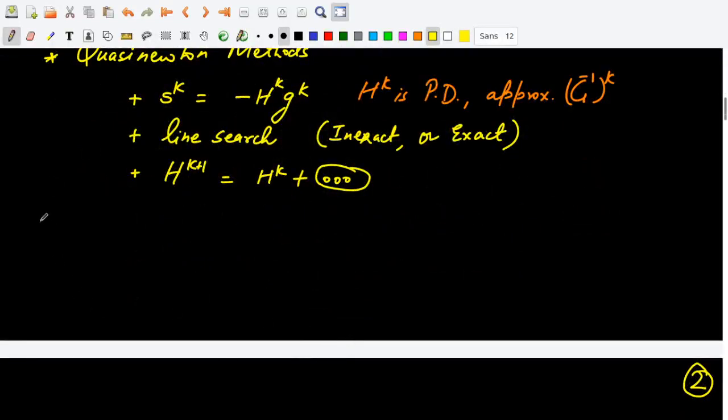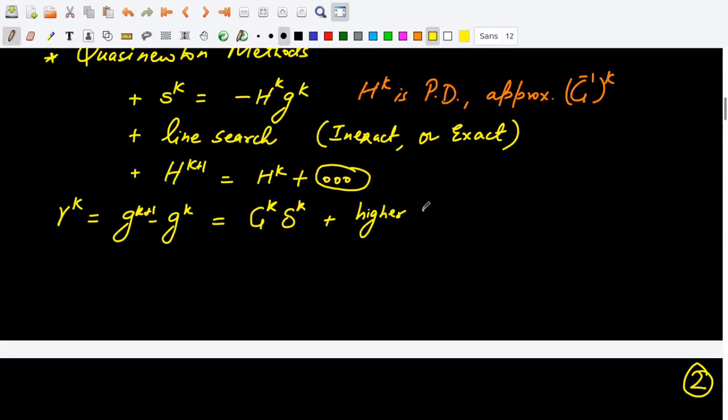So recall that gamma k, which we used to represent the difference between the gradients, is equal to the Hessian times the change in the coordinates of the points plus higher order terms.